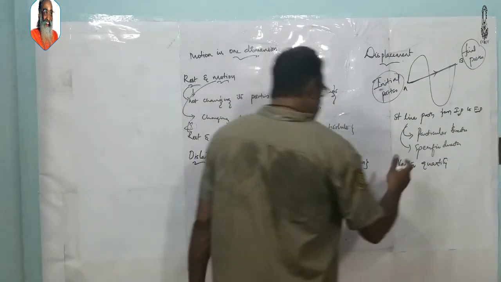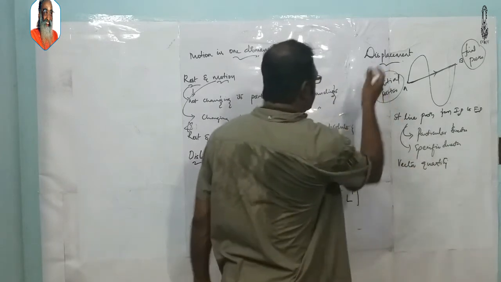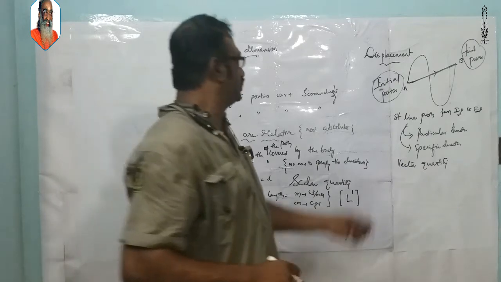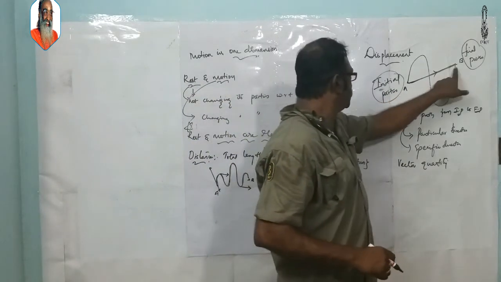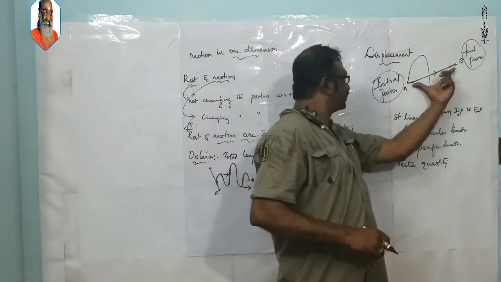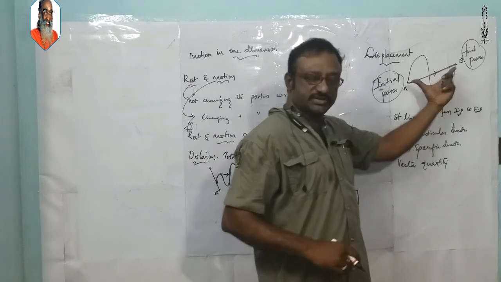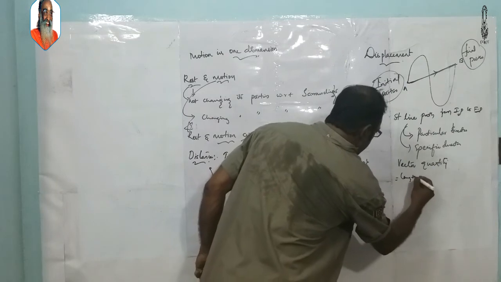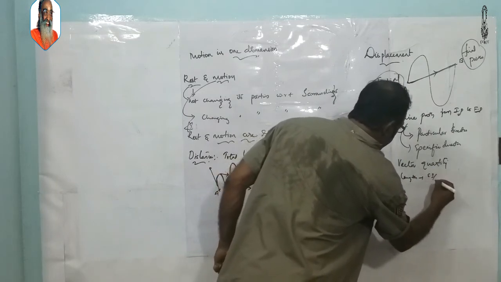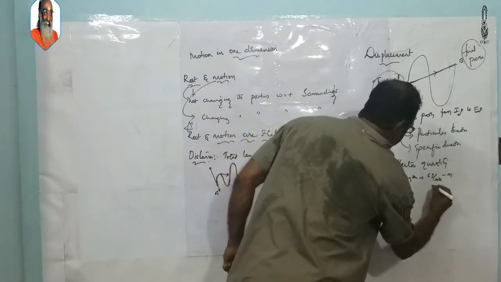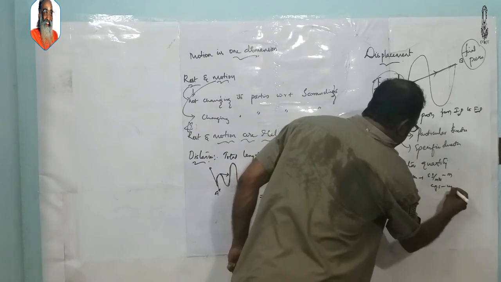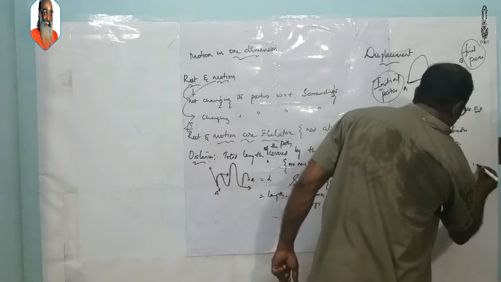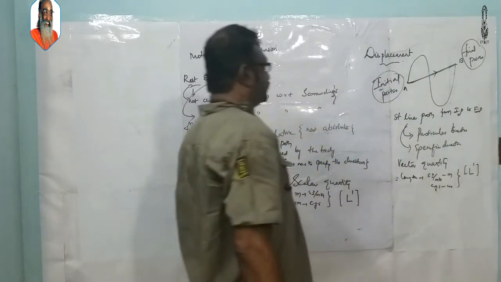And the units for the displacement, it is also length, isn't it? If I say this is the displacement, you have to measure it, and measuring means it is length. So displacement is also length. The units are, in SI or MKS, meter, and in CGS, centimeter. And here also we should talk about the dimensions, and the dimensions are L1. So that's about displacement.